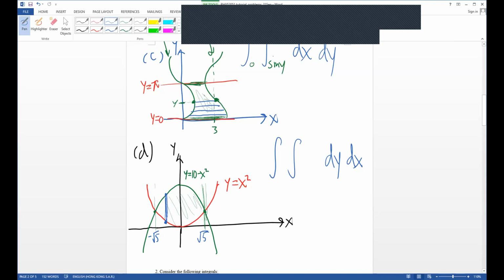This one is given by x squared, then the upper one is given by 10 minus x squared. And then you are going from minus square root of 5 up to square root of 5.